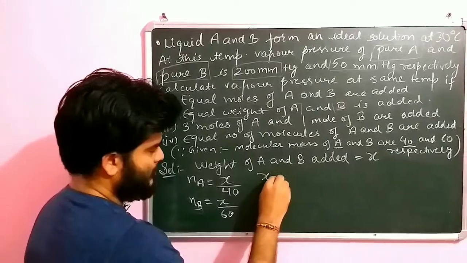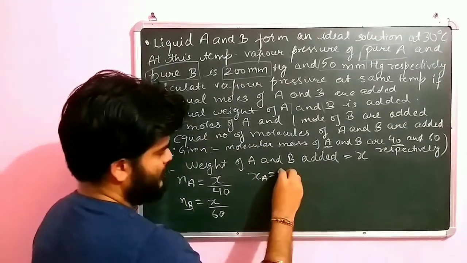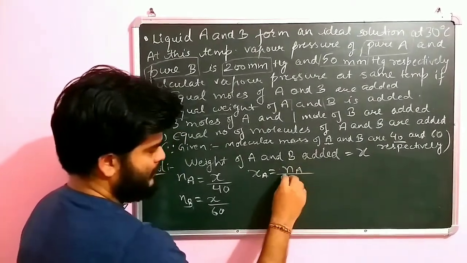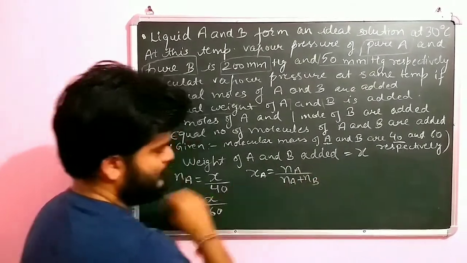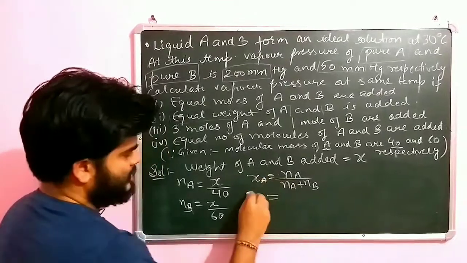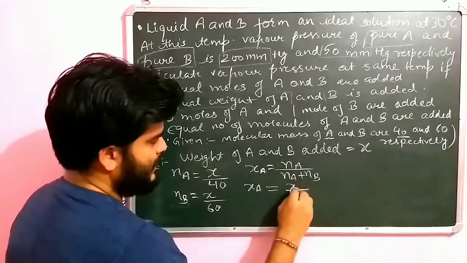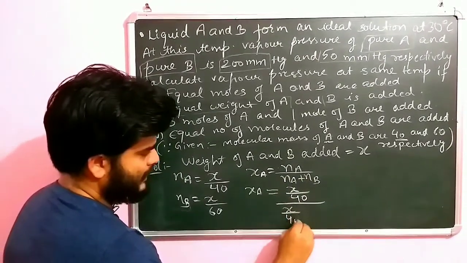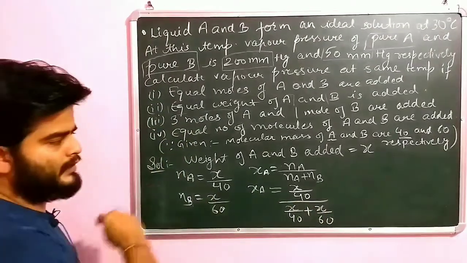Now we can find out with these expression what we can find out. We can find out mole fraction of A. So mole fraction of A is what? Number of moles of A upon number of moles of A plus number of moles of B, that is total number of moles of solution. So this comes out to be, we just have to put these values. This is X by 40, this is also X by 40, plus this is X by 60.